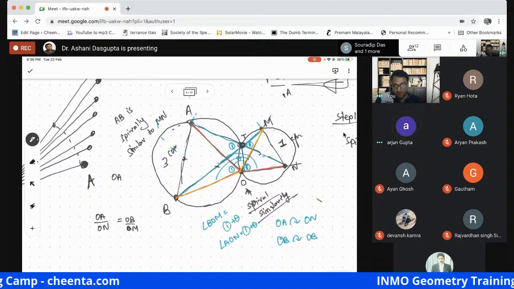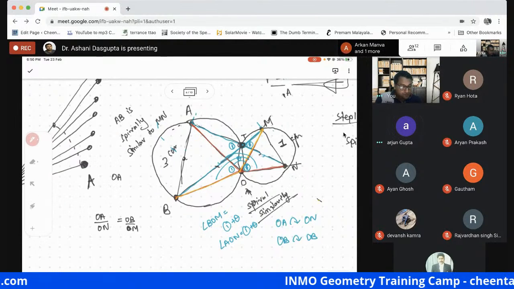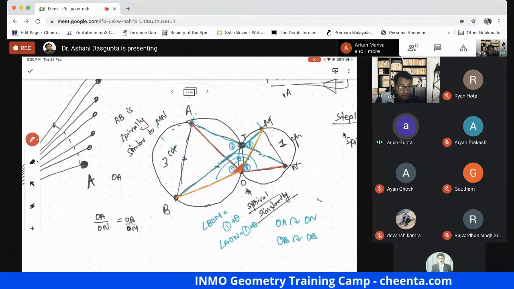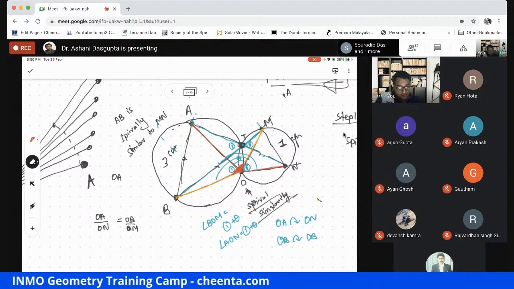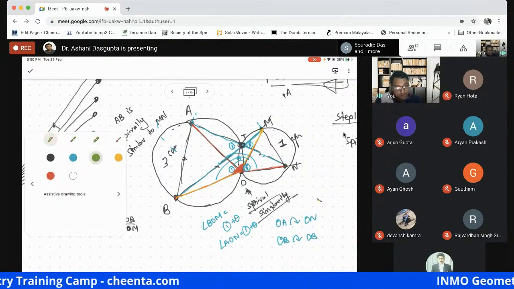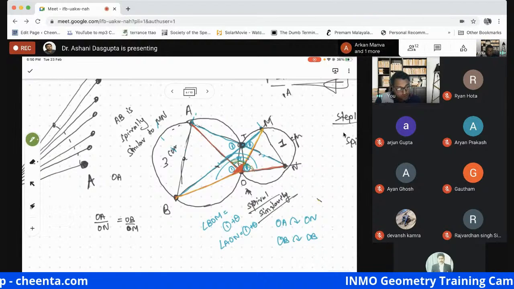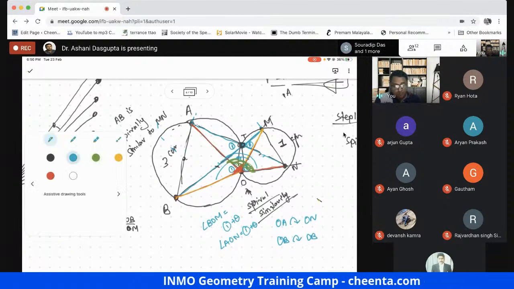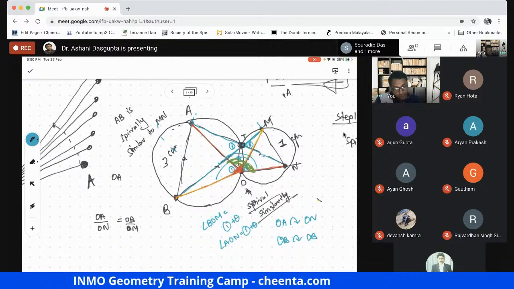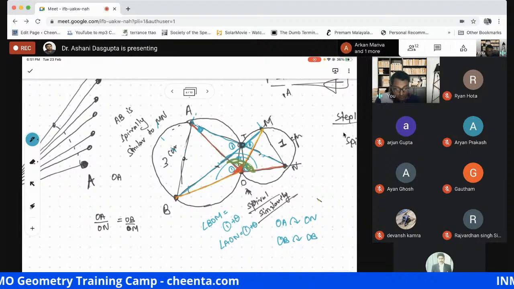Okay, yeah, of course. So what Arjun is saying is that this red angle is already proven to be equal with this green angle. Now we have also shown that this angle is equal to this one.